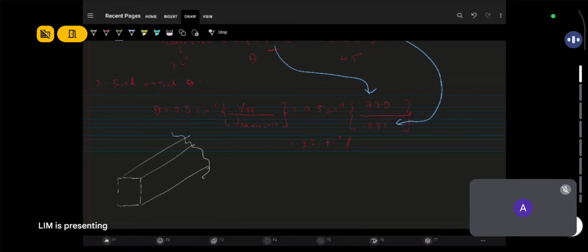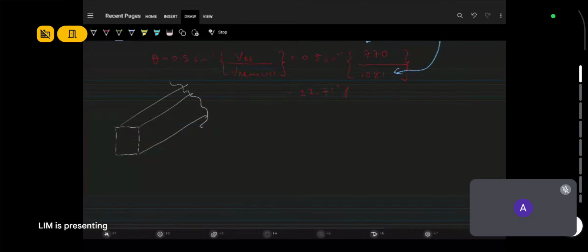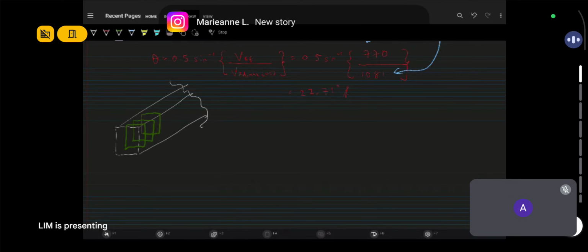The question says the links, the links which start here. Basically the links look like this in 3D. They are basically like square steel bars.